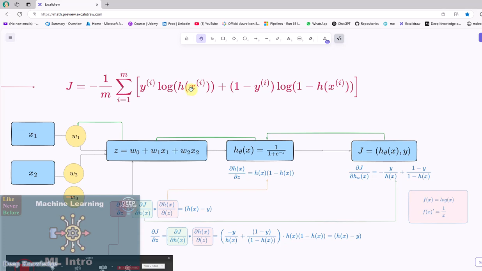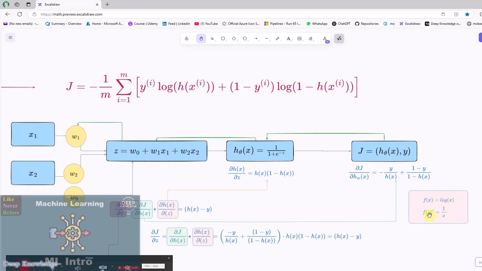So as you can see here, for instance, this is the g, and this is the cost function formula, right? Now we need to derive this with respect to h, the sigmoid function. So where did we find h? It will be here, right? And one note: if you have a log, the derivative of log will be 1 divided by what is inside the log. This is the log, and this is the derivative.